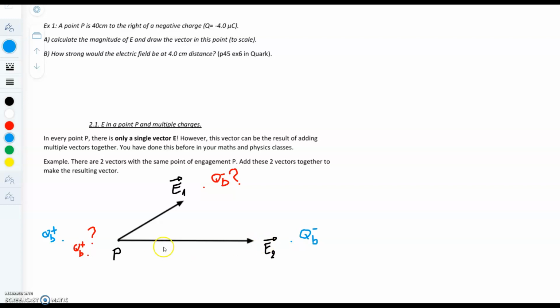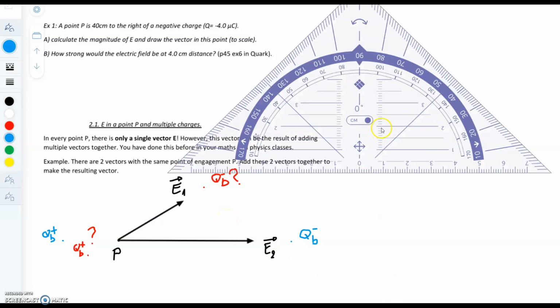Now, if you've got two of those, you can add these vectors together to calculate the total, or to draw at least, the total E force in this case. Now, how do I do this?